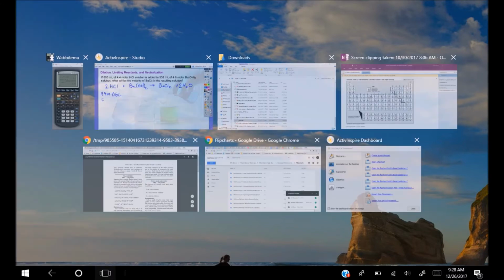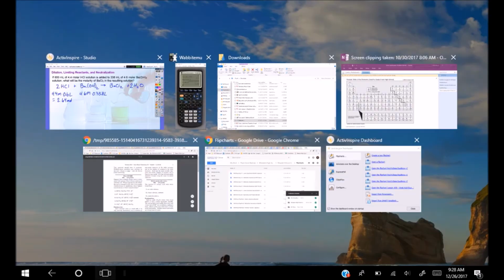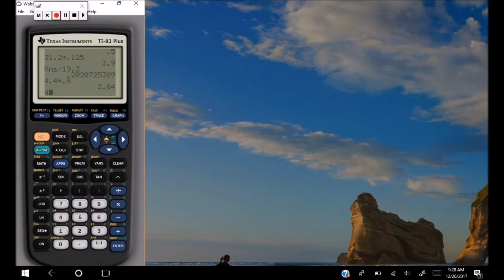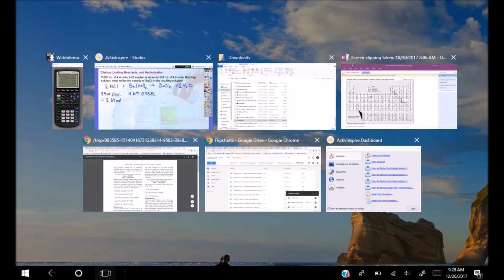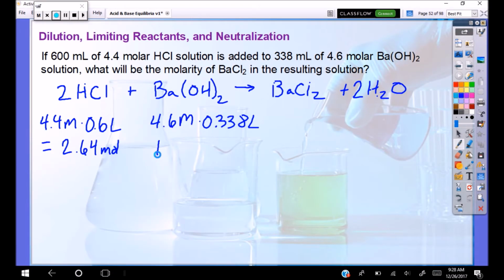I've got 2.64 moles of hydrochloric acid, and then I also know I have 4.6 molar times 0.338 liters. All right, 4.6 times 0.338, and I get 1.5548 moles.